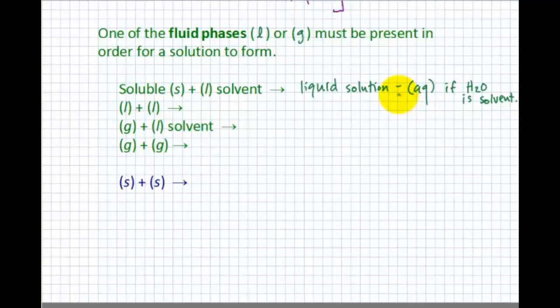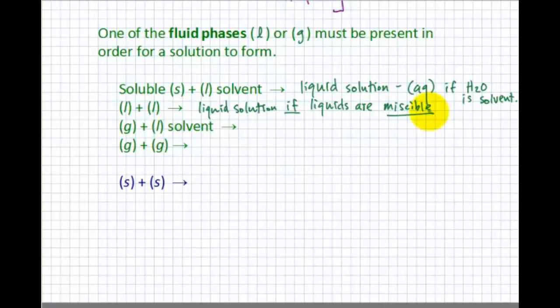So liquids and liquids can mix together to make a liquid solution, but only if the liquids are miscible. M-I-S-C-I-B-L-E. We talked about that in the last chapter also, where if we have liquids that mix together, we call them miscible.